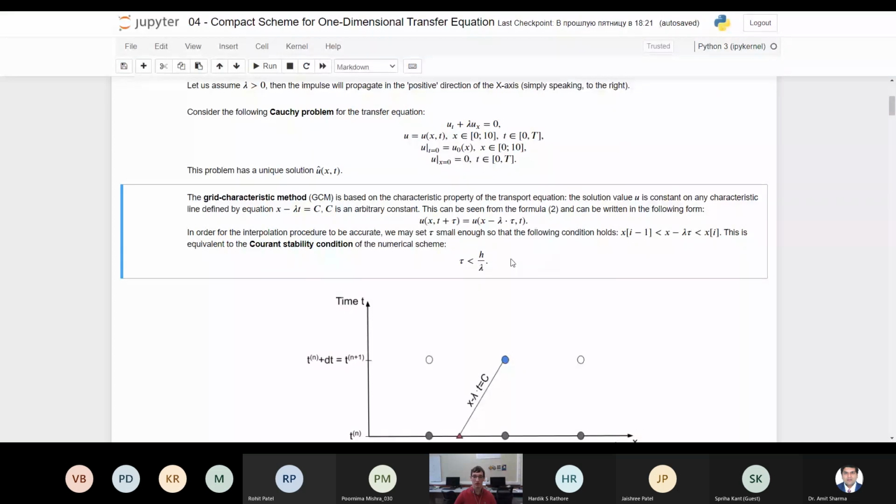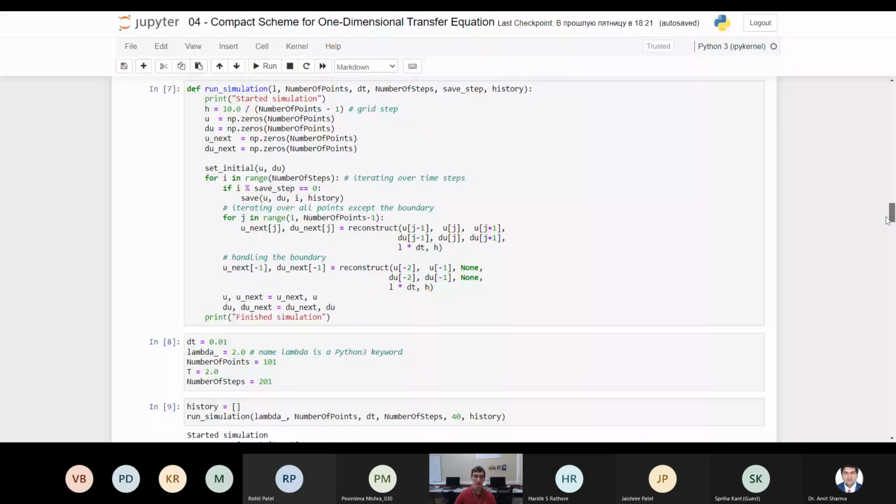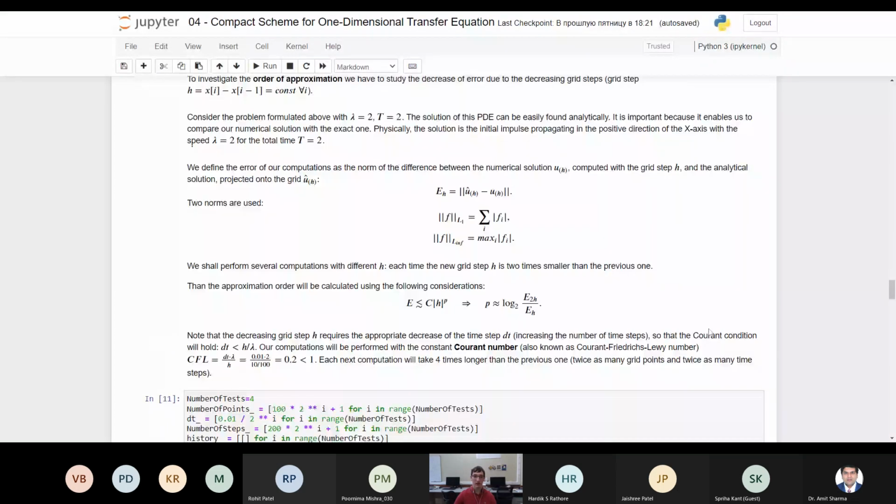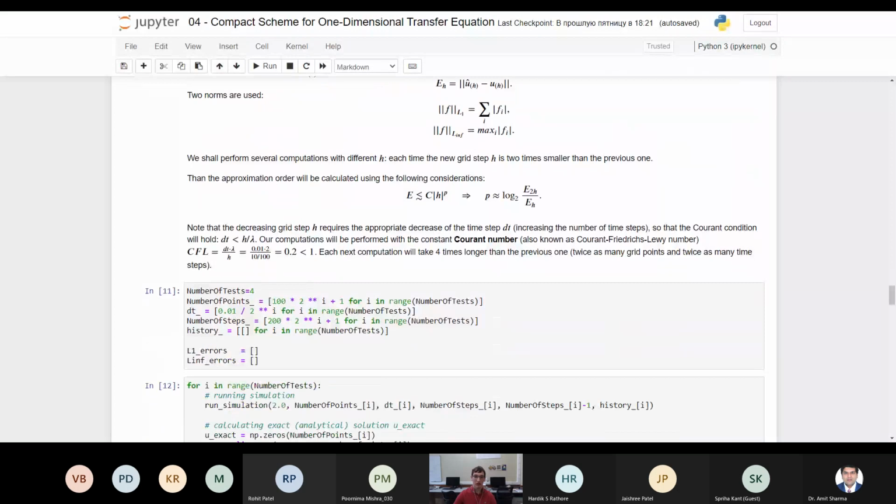Therefore, in a one-dimensional problem, when we decrease the grid step h by the factor of 2, each next computation will take 4 times longer than the previous one.